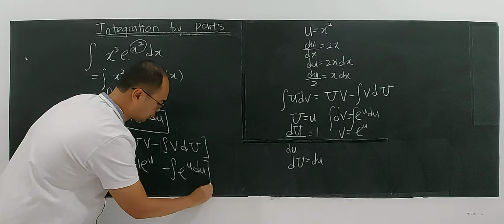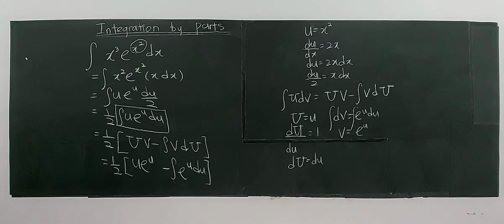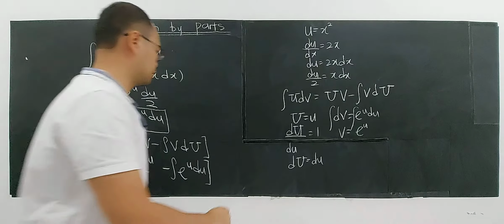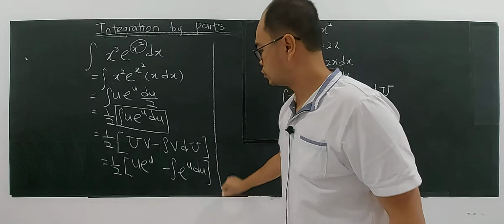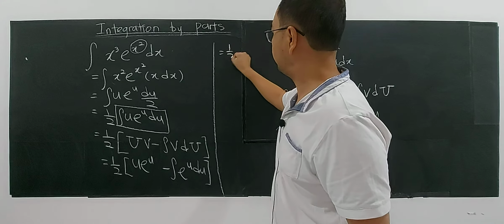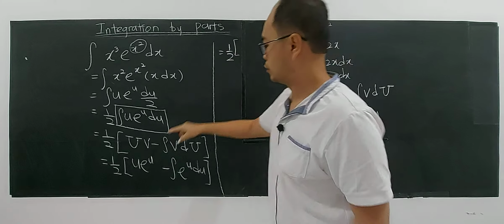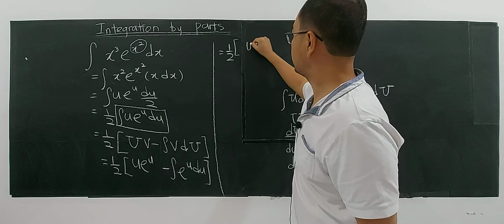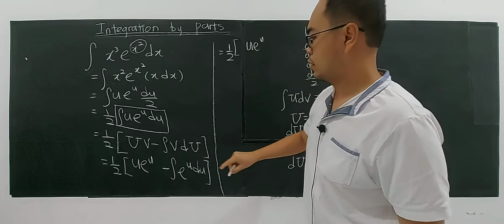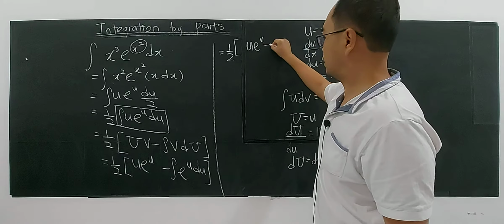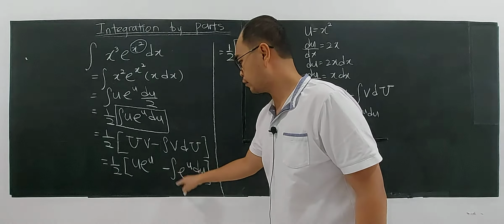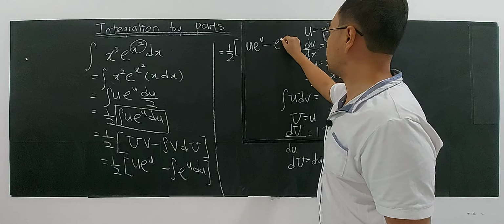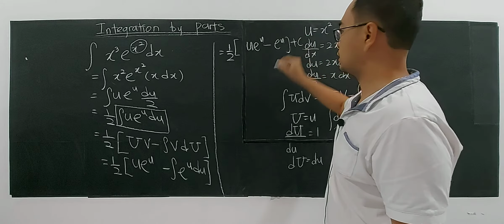So I actually apply the integration by parts. Then I integrate. So it will be equal to half of u e to the u minus the integral of e to the u. Integrate e to the u, you get back e to the u plus c, right?